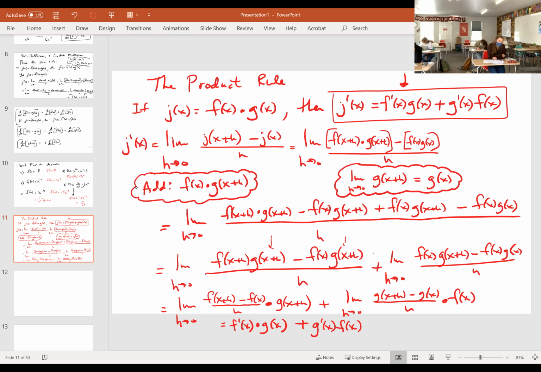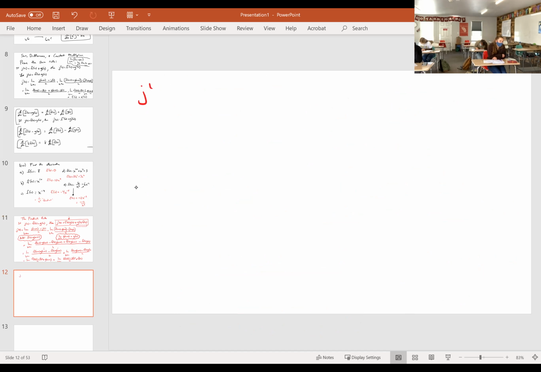Some students like to flip this around because it makes sense as well. Let me write it the other way. Some students say, how about I just take the derivative of the first times the second and keep my f of x the same?